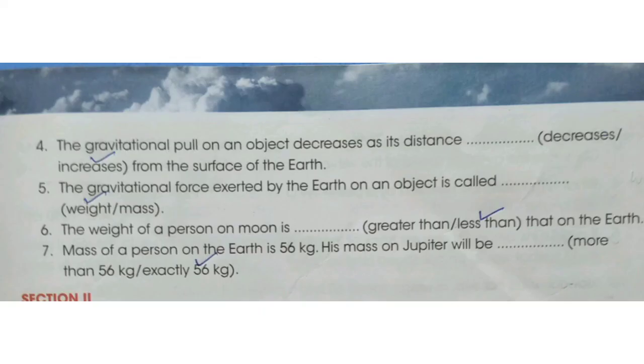Fourth, the gravitational pull on an object decreases as its distance increases from the surface of the earth. Fifth one, the gravitational force exerted by the earth on an object is called weight. The weight of a person on the moon is less than that on the earth. Mass of a person on the earth is 56 kg. His mass on Jupiter will be exactly 56 kg.